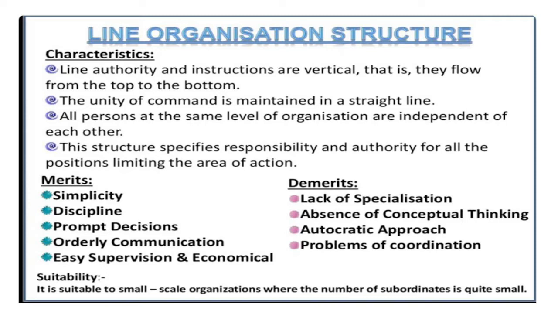Orderly communication will pass from top to bottom to top. And supervision is easy as well as economical, because the scalar chain cannot be a long one, it will be limited, as this is suitable for small organizations. That's why levels are very few, 2-3 levels. So supervision is easy as well as economical.